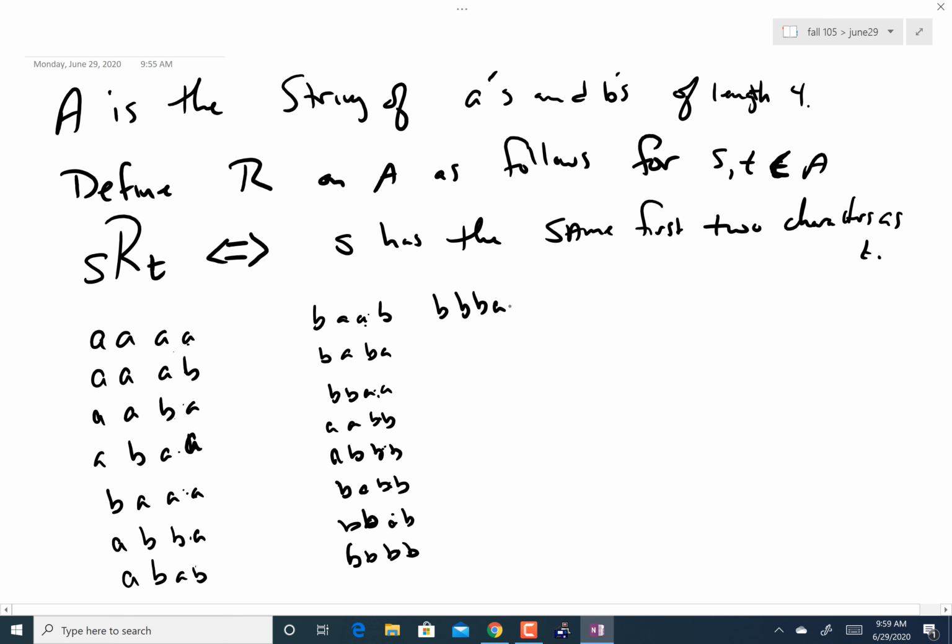Okay. Now, this right here, for instance, could be our S. You with me? Cool. This could be our T. Any two of them can match up. So the question is, does S have the same first two characters as T? Would this work? No, that wouldn't work at all, because this has A and A, this has B and A. But this one and this one could work.